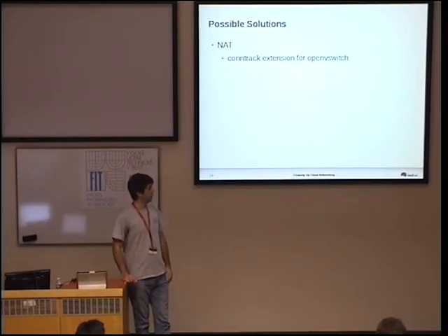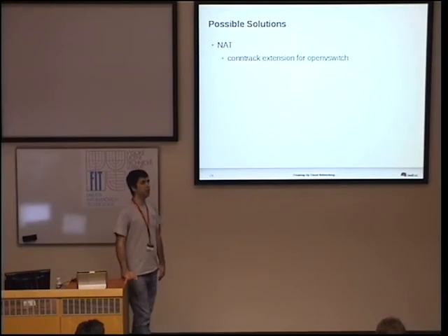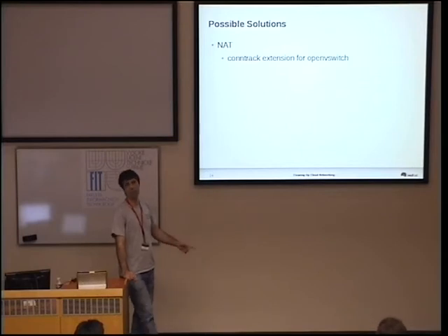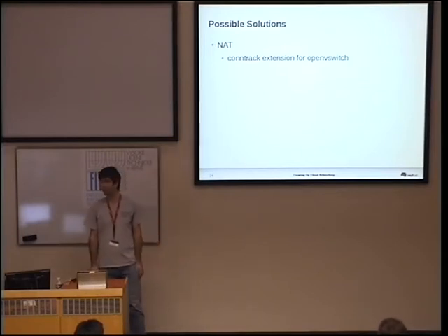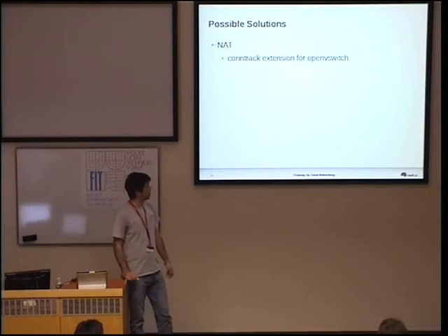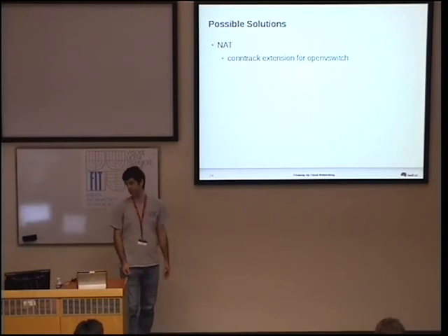This is currently not possible in OpenStack, but guys from VMware and Nicira, which is VMware, are working on an implementation of conntrack in Open vSwitch. With that, Open vSwitch will be capable of doing network address translation.